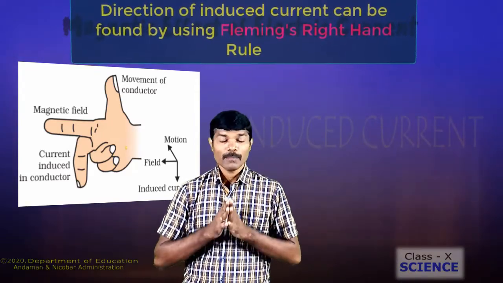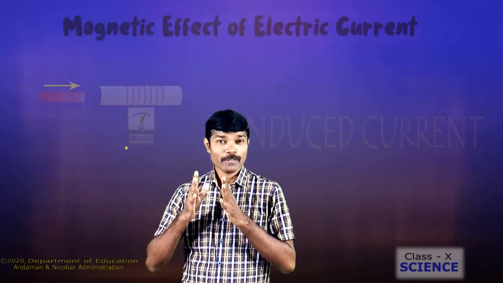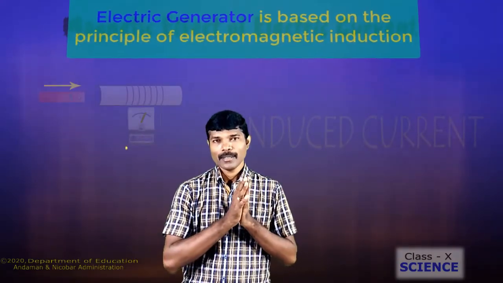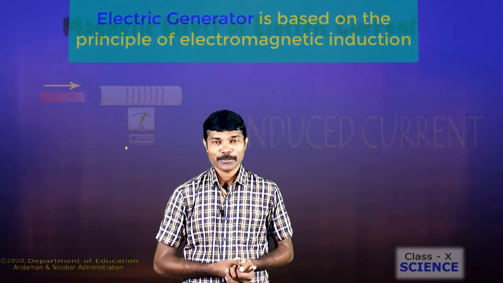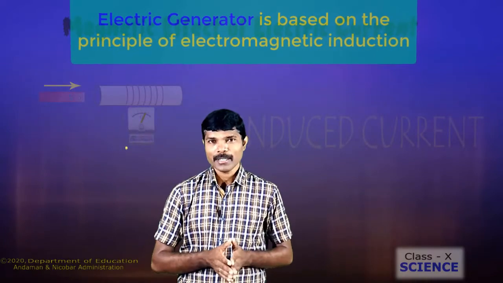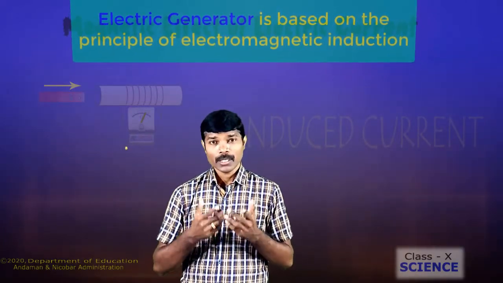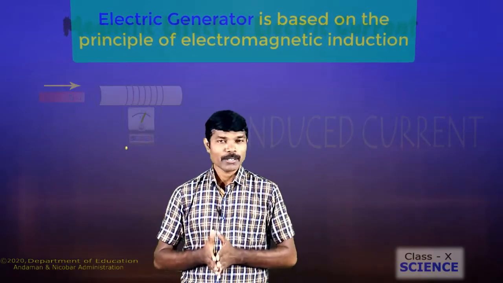Understood, children? Based on the principle of Fleming's right hand rule and the phenomenon of electromagnetic induction, a device is developed. What is that device? Do you know this? It is the electric generator. So let us understand how an electric generator works, and with a diagram we try to understand.